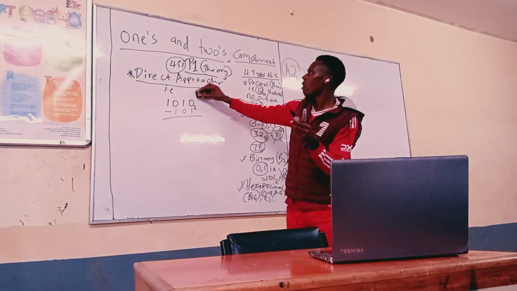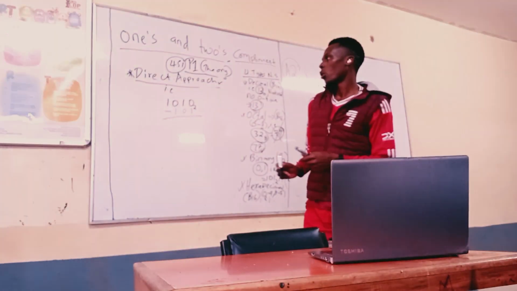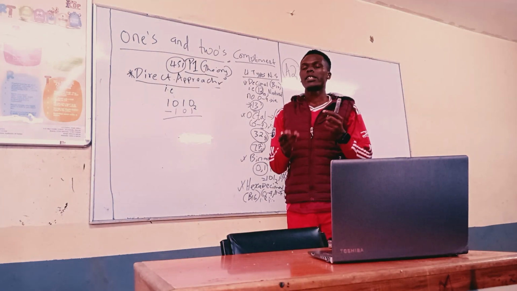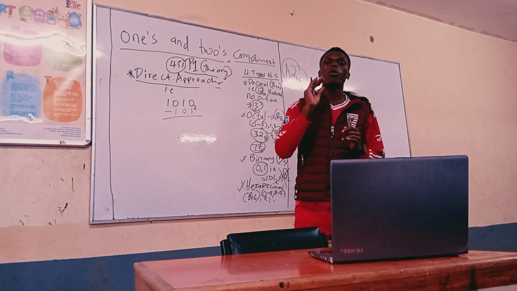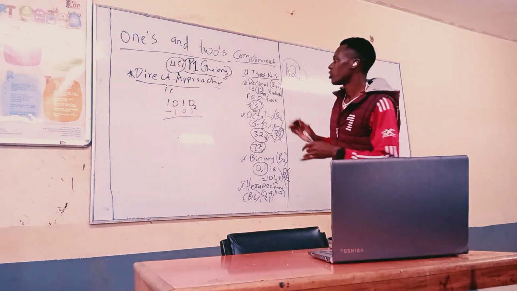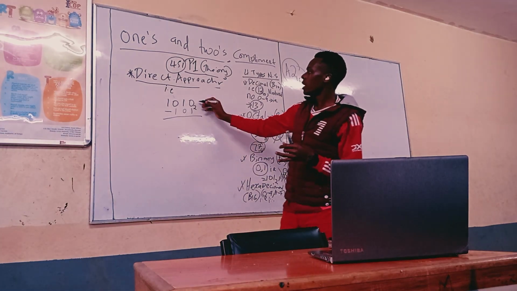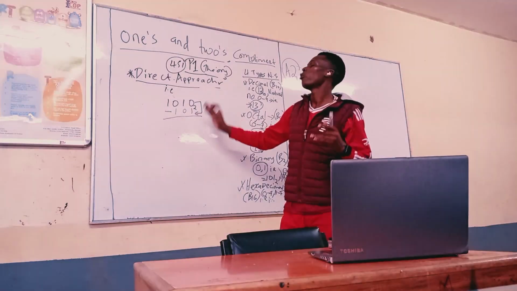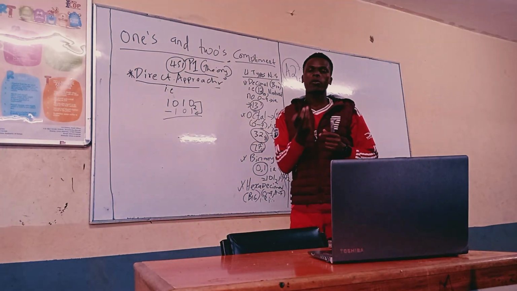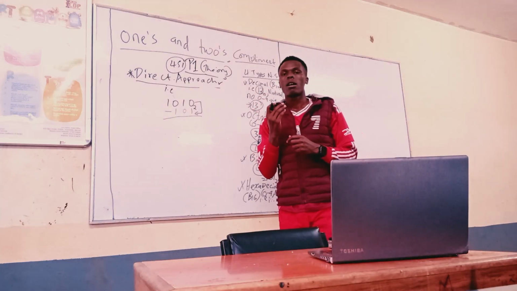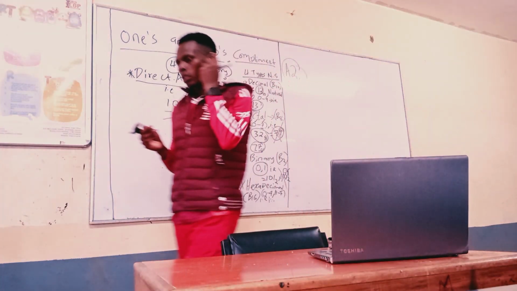So how do we go about the direct approach? Remember when you are dealing with binaries, zeros and ones, there are only 2. So here, when you want to subtract 0 minus 1, it is impossible. We have to borrow, that concept of borrowing which we have been doing from the primary level.